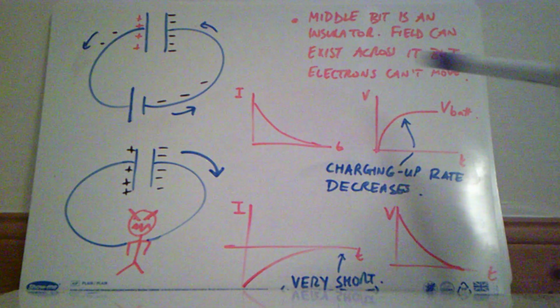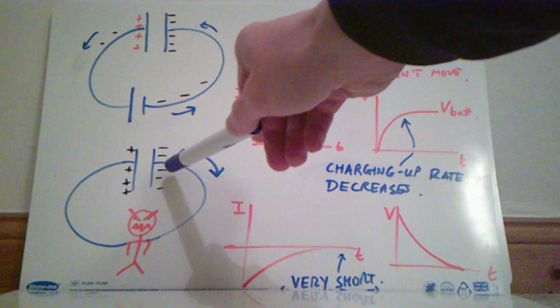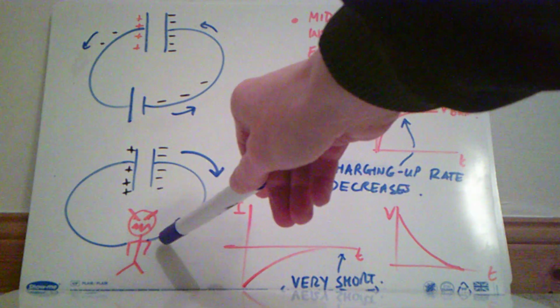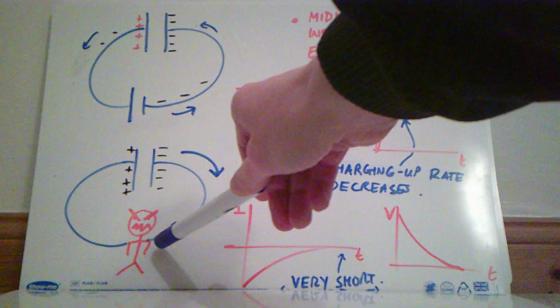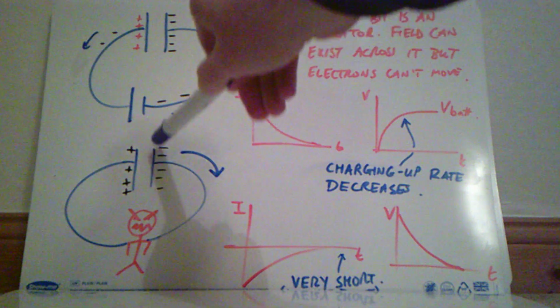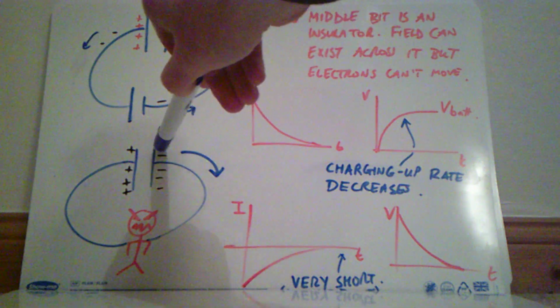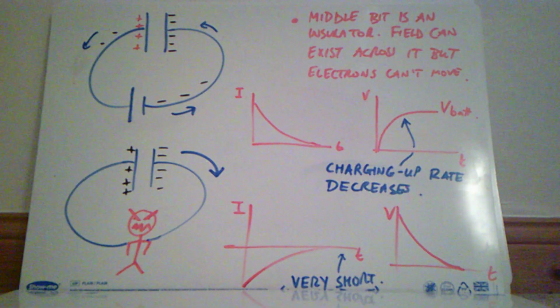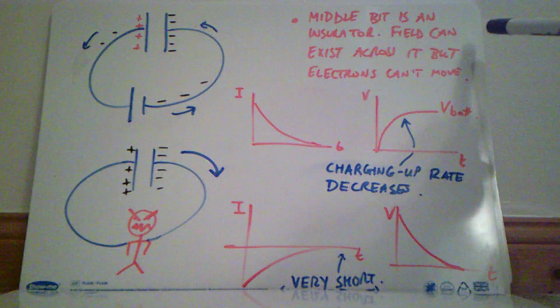So now we have a circuit, and we fire out two prongs, and they stick in Dodgy Bob, whatever. And now Dodgy Bob is in part of the circuit. So this capacitor, the negative plate, pushes current around the circuit and through Dodgy Bob. The middle bit is an insulator.